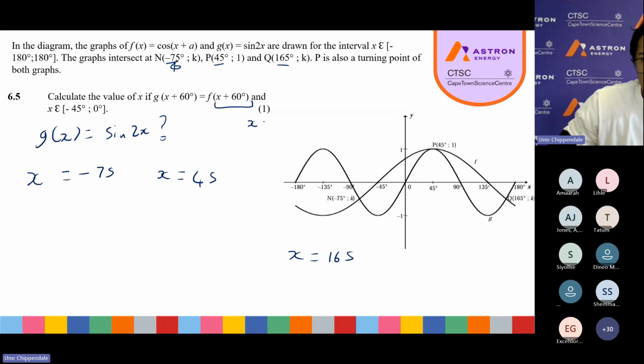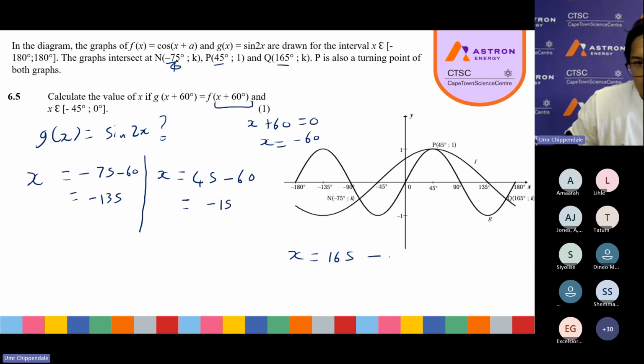As a recap, x plus 60 equals 0, therefore x is equal to negative 60. So we take each value and minus 60. That gives us negative 135, that's one value. This minus 60 gives negative 15. And this minus 60 gives us a value of 105.